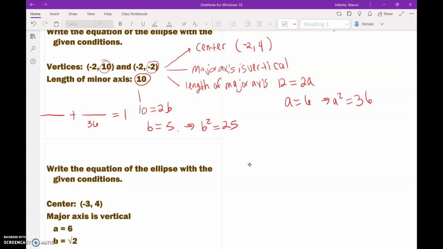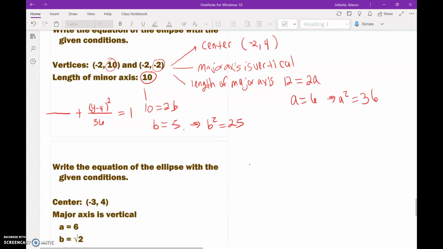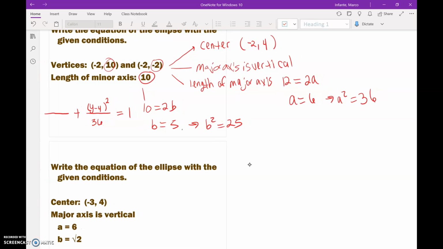The center is at (-2, 4), so the numerator would be y minus 4 quantity squared. And the minor axis would be 25. That's attached to the x because, again, that vertical stretch. And that would be x plus 2 quantity squared. And here is the equation of our ellipse, okay?